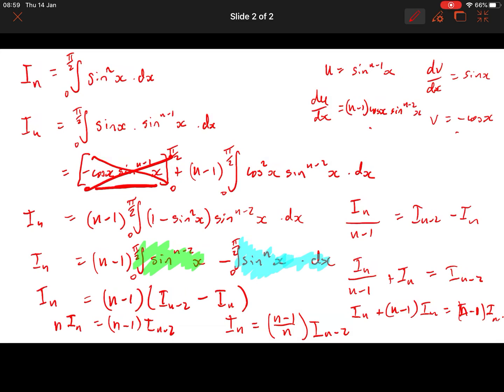If you get time at the end, you might be able to go back and have a stab. The problem is it's difficult from the very offset, so there aren't even opportunities to pick up a few method marks by using integration by parts if you didn't know how to split it up in the first place. But what can I say? It's going to be difficult. Okay, so I'm going to stop the video there.